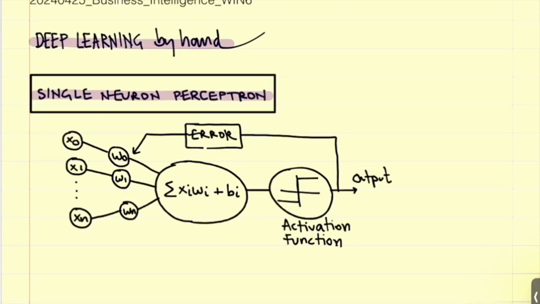So how does this work? Step one, so this is the perceptron neuron. Okay.